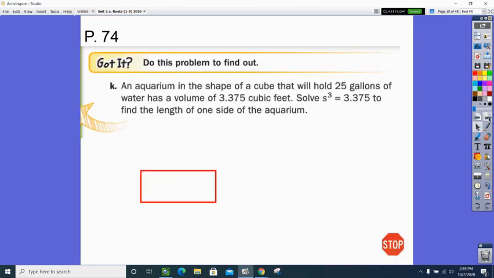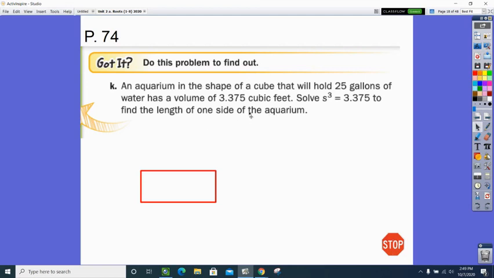So here's a chance for you. This is our last problem. We've got an aquarium. Actually, let's do this one together. Aquarium in the shape of a cube will hold 25 gallons of water, and it has a volume of 3.375 cubic feet. We're going to use this equation to find the length of one side of the aquarium.